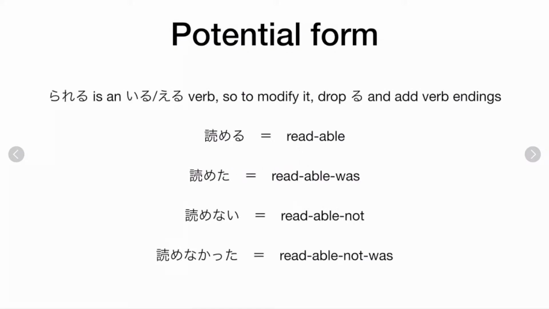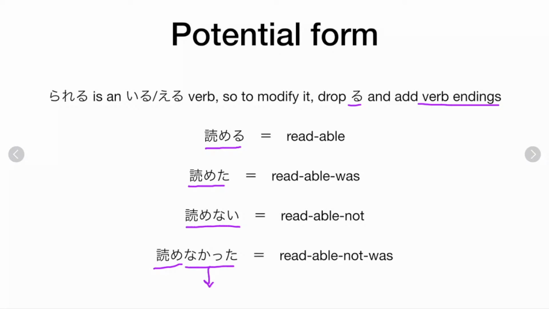Rareru is an iru/eru verb. So if you want to modify or conjugate this, you drop the ru and add your verb endings. So yomeru is current tense. Yometa, drop the ru, add ta, that's your past tense. Yomenai is not. And yome nakatta, we saw nakatta is past negative.